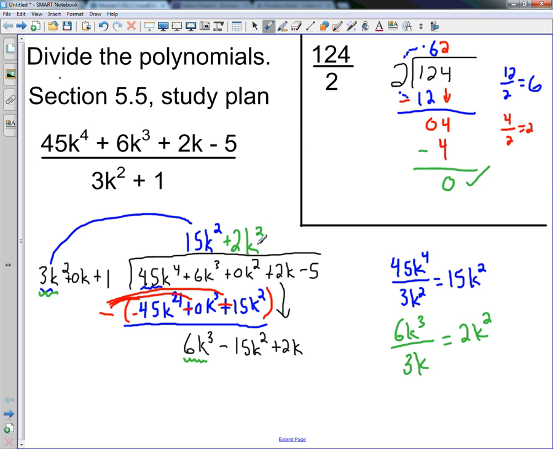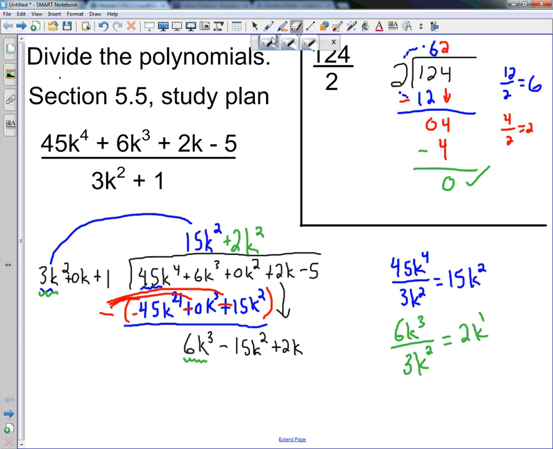So 2k squared times 3k squared is... Did I miss one here? Oh, this should have been a square here, which means that should have been a 1. So I forgot the exponent on the denominator there. It should be a 3k squared we're dividing by. So we get a power of 1.